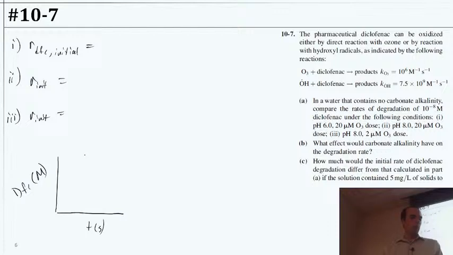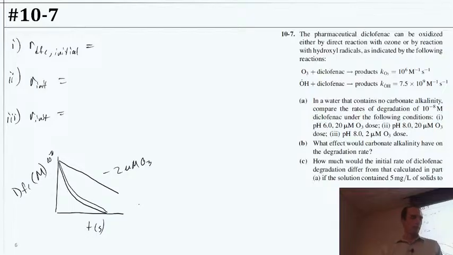But we should be able to get a plot that looks something like this if you were to use Excel, where this would be our starting condition, 10 to the minus 8 moles per liter. This would be our 2 micromolar ozone case. We would have then a couple others that are a little more like this.